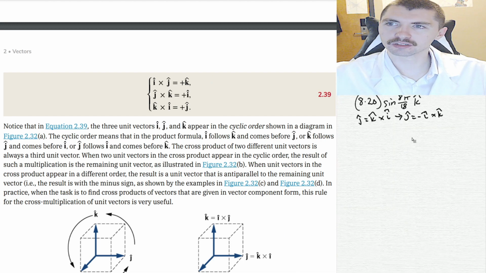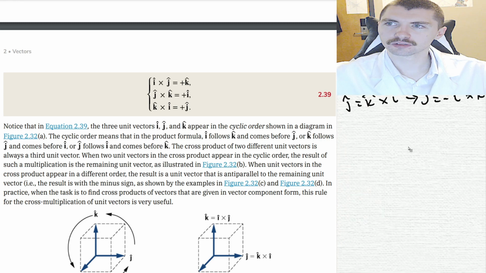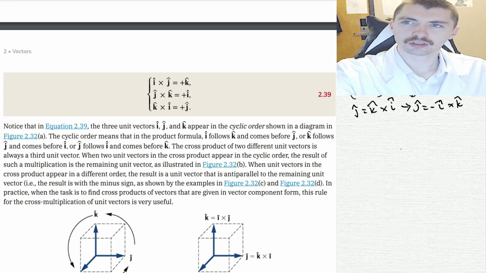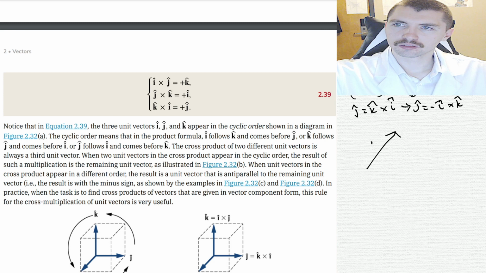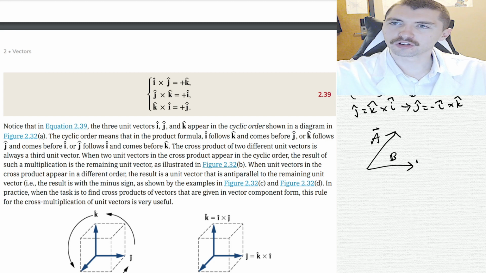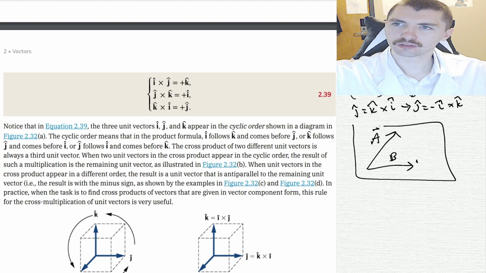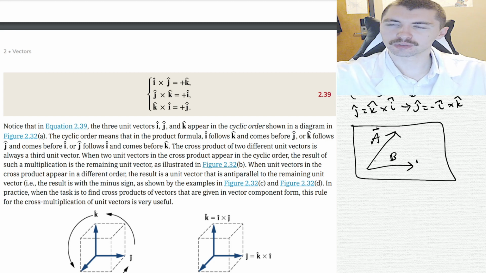Let me write this down. If you have a vector A and vector B, and they're both on one plane, that means they each have an i.